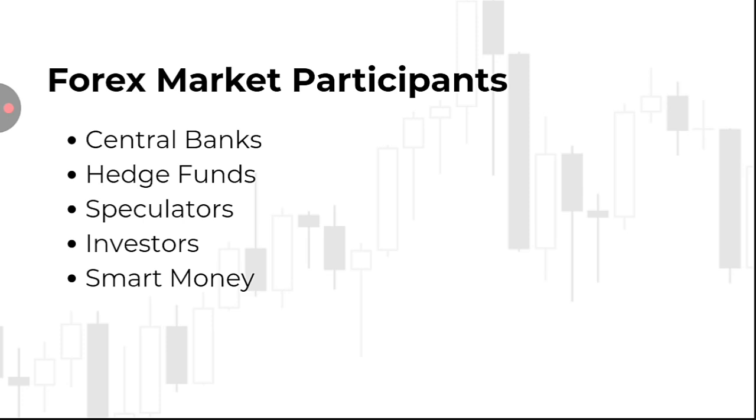So these people, smart money, are the ones behind every impulsive price leg that you see in the forex market. As for me, I believe smart money are the people that own and control price movement in the forex market. So these are people that also participate in the forex market.